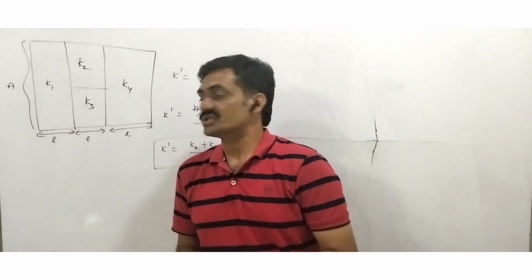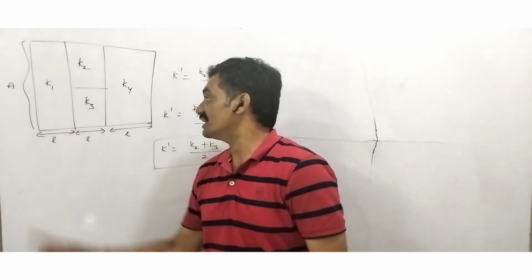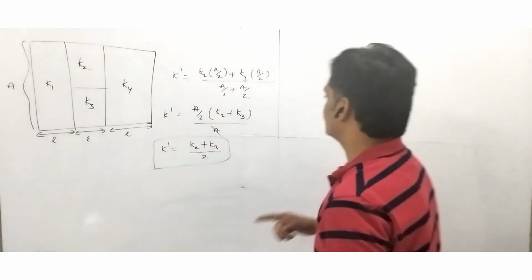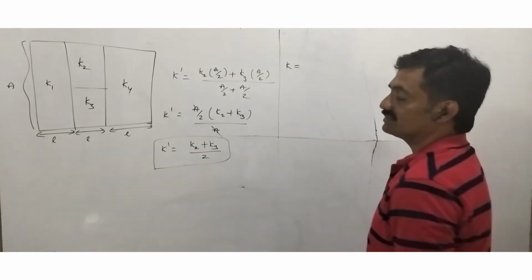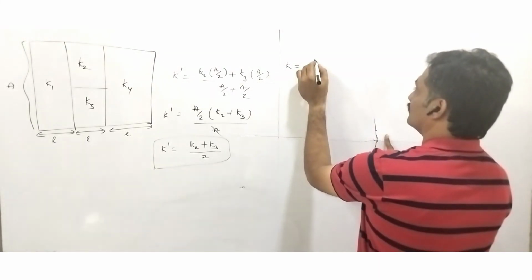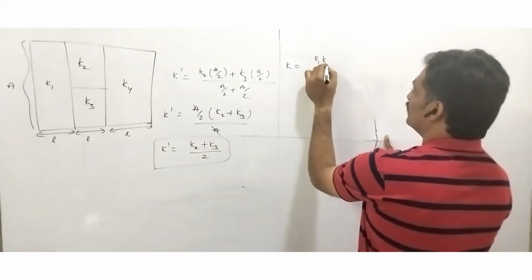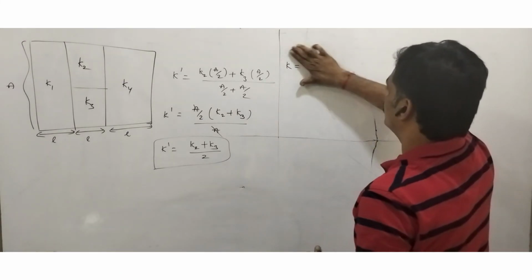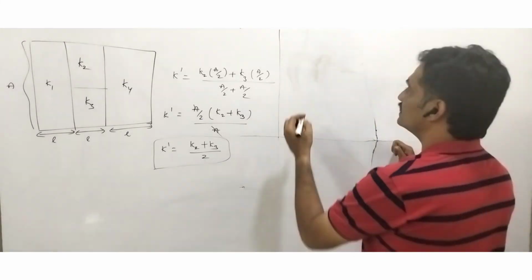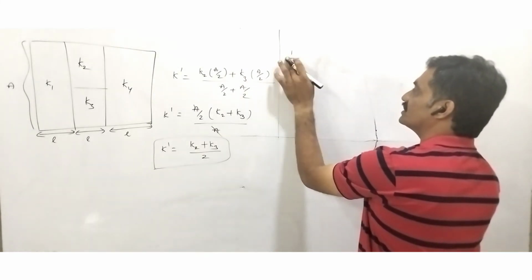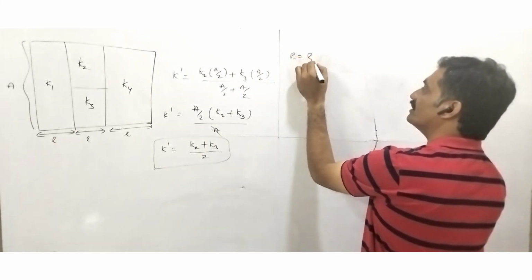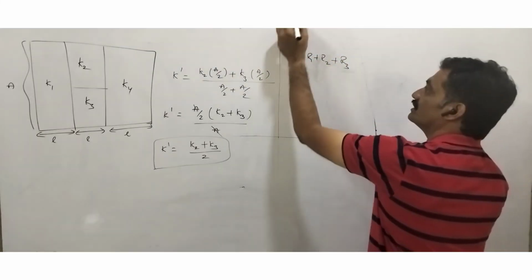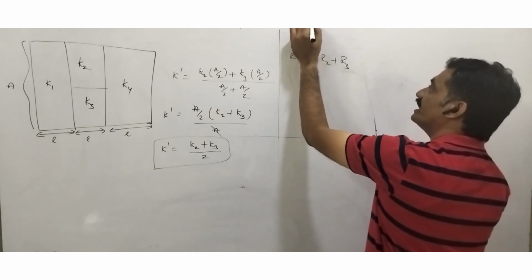When we consider the series combination, observe that the length of these three parts is the same, and the area is also the same. Here we had already represented the equation for the series combination, and we know that R equals R1 plus R2 plus R3, and R equals L by KA.